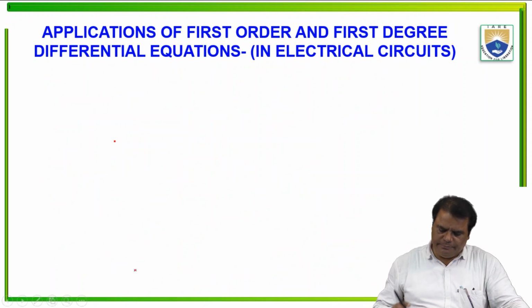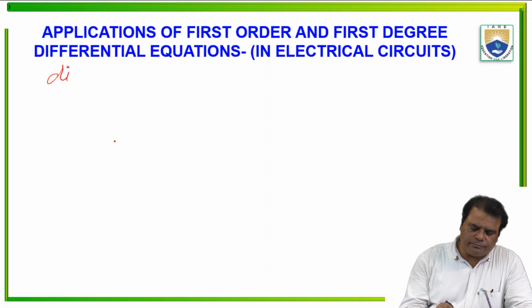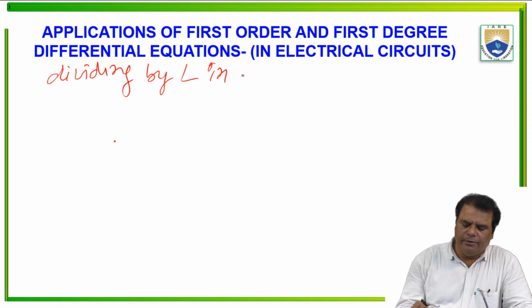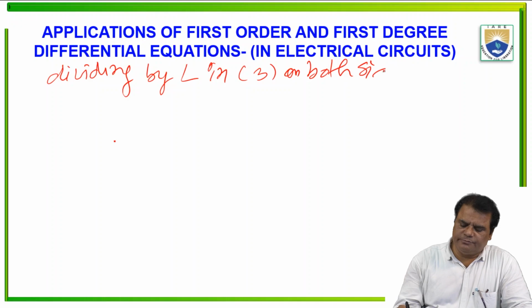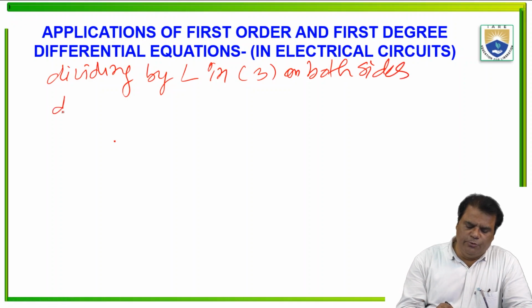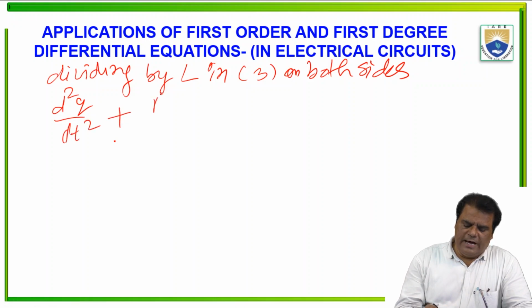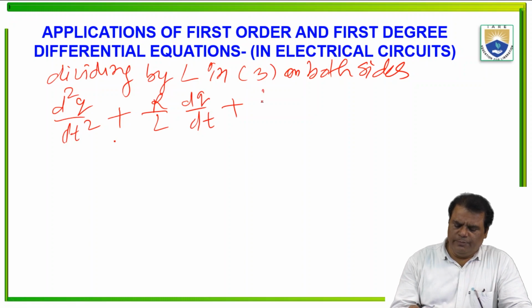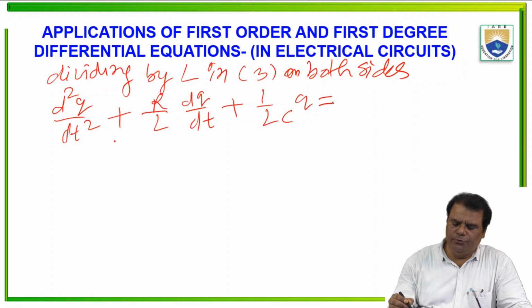Dividing by L on both sides in 3, we get d2q over dt2 plus R by L dq over dt plus 1 upon LC q equal to E by L. This is equation 4.